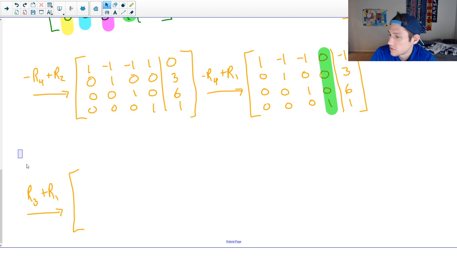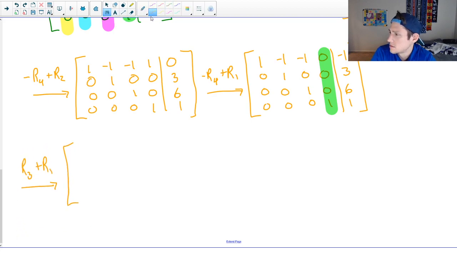I know this is painful, trust me. Row 1 is the thing that will change, so row 4 is staying the same. Row 3 is staying the same. Row 2 is staying the same. It's only row 1 that's changing. So 1 plus 3 is 4.